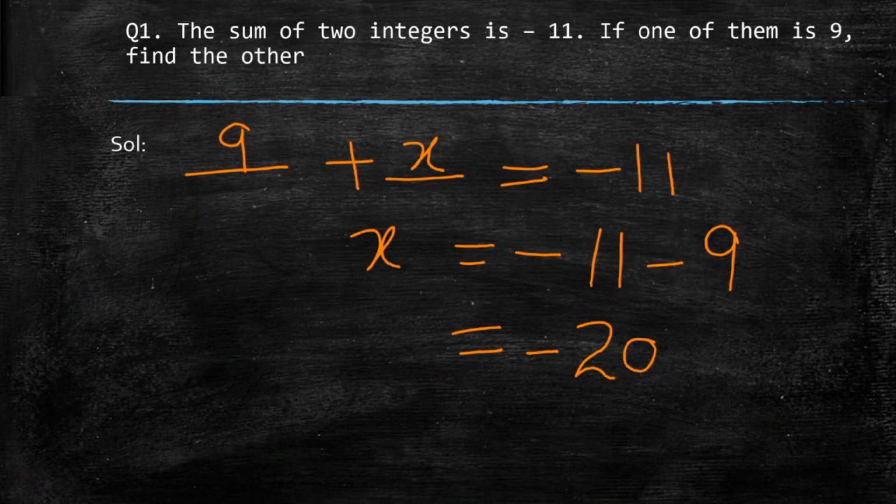This 9 will go towards the right hand side. So minus 11 minus 9. Minus minus plus, sign would be minus. So 11 plus 9 is equal to 20, and the sign would be minus 20. So the other integer is minus 20. So you can write down the other integer.